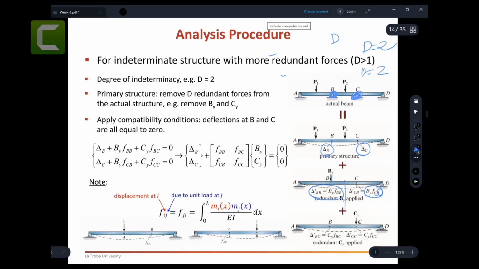Then the second time you do this Cy, and you again find the displacements: Cy times the displacement at B due to the load at C, and the displacement at C due to the load at C. Right, so this is the superposition method, by the way. If I superpose everything, this would be like this.